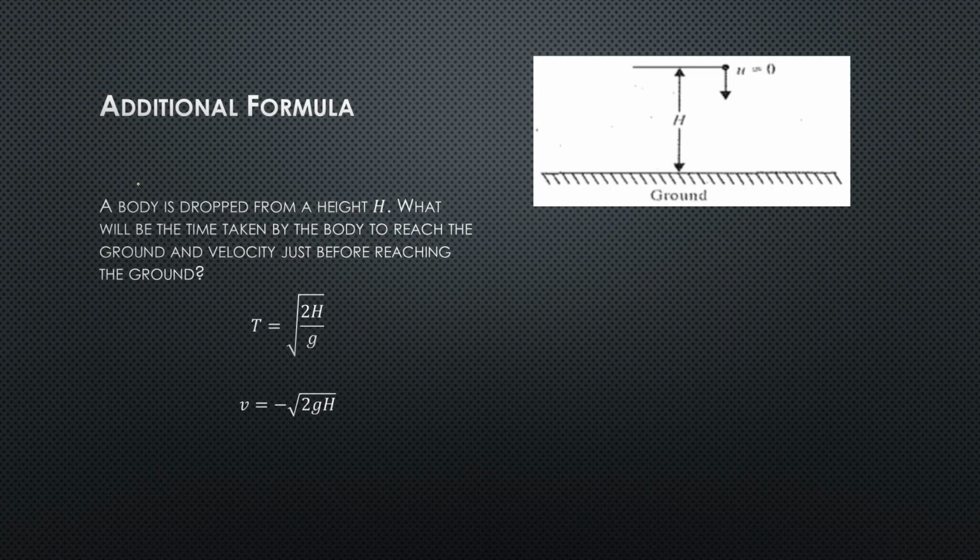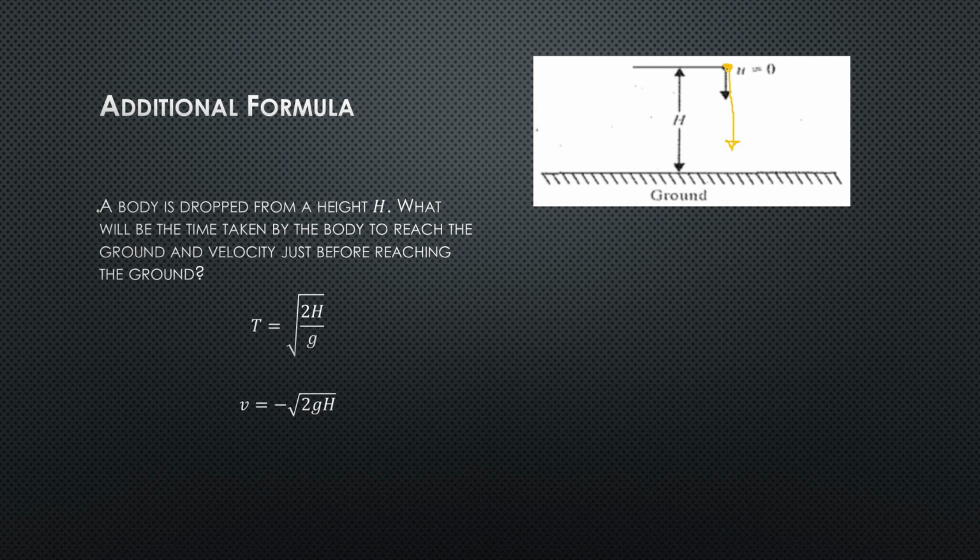Additional formula. From the given figure, a body is dropped from a height h. Let's say that is the top of the building, and a ball is dropped from this point going downward. Its motion is acted upon by the gravitational pull.